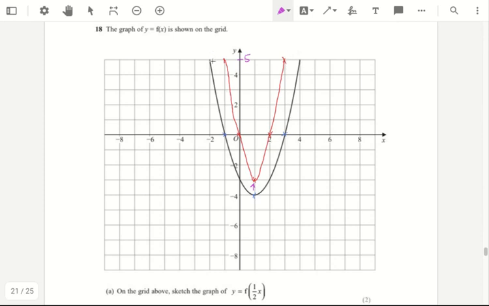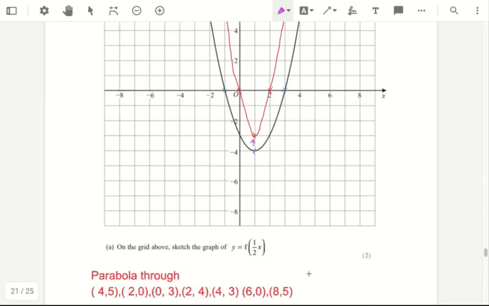Instead of -2, it becomes -1. So you can see that there's a decrease. Okay, so this is the sketch for y equals f of half x.